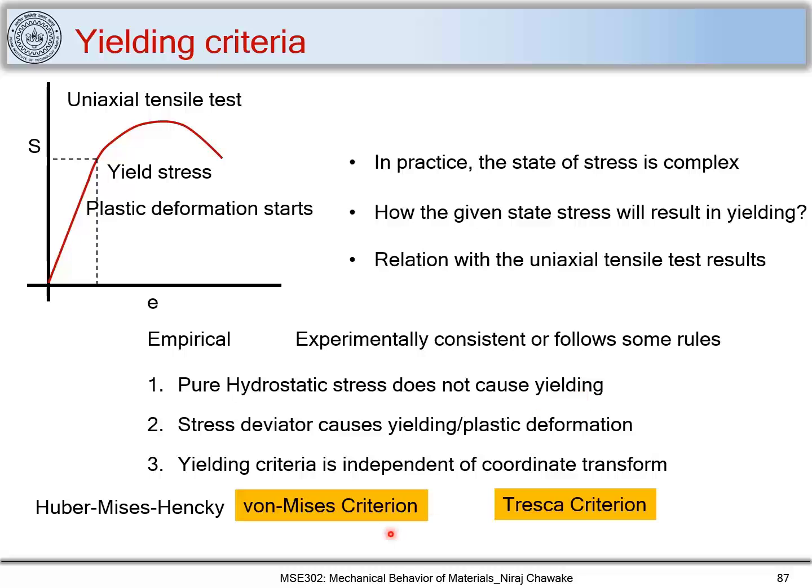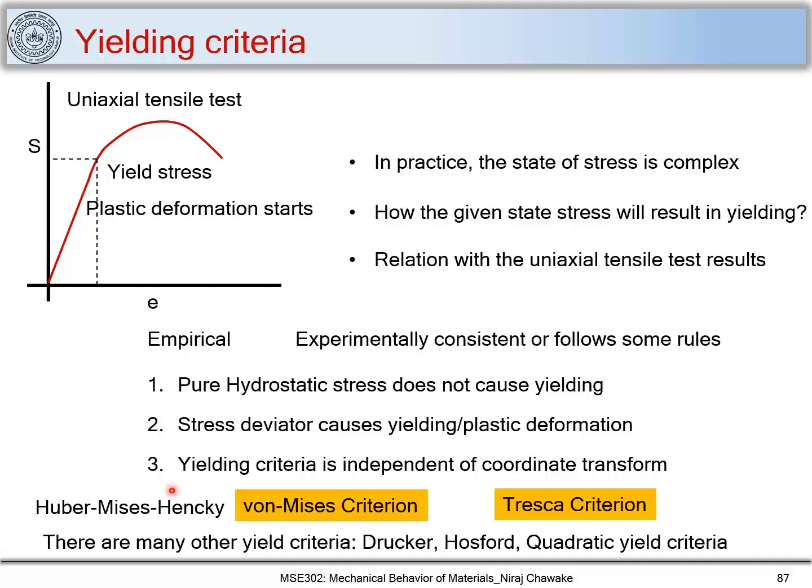Those are the von Mises criteria and the Tresca criteria. The von Mises criteria is also called the Huber-Mises-Hencky criteria. There are many other criteria which are used to determine yielding of a material, such as Drucker, Hosford, and quadratic yield criteria. But for our course, we'll be looking at these two criteria: von Mises and Tresca.